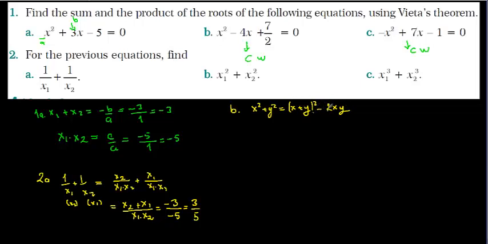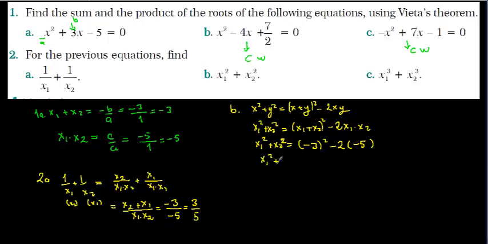When you open this one, you are going to get x square plus y square. So x1 square plus x2 square, with respect to this one, is x1 plus x2 squared minus 2 times x1 times x2. Here x1 plus x2 is equal to minus 3, squared, minus 2 times x1 times x2, which is equal to minus 5.